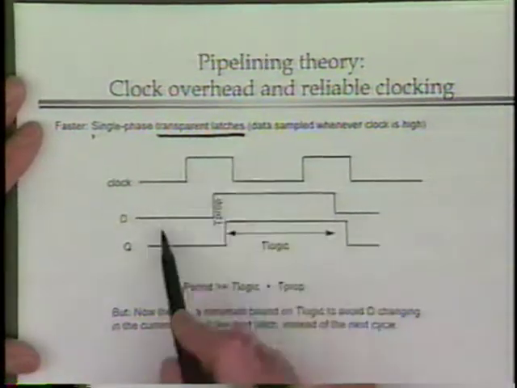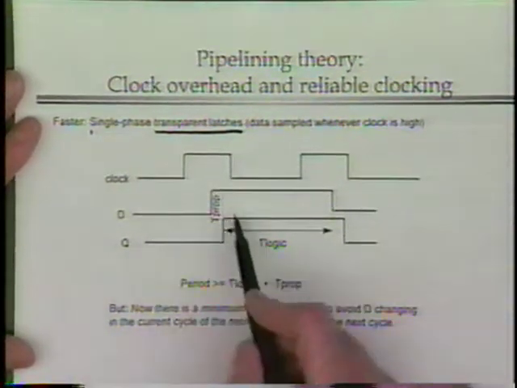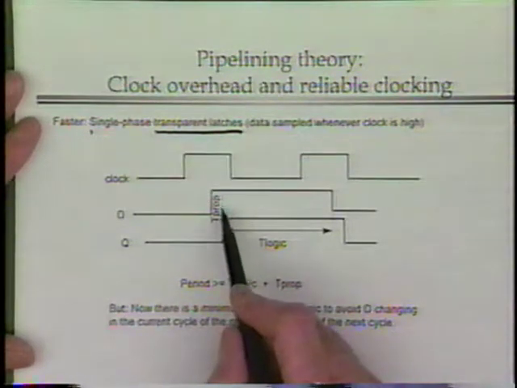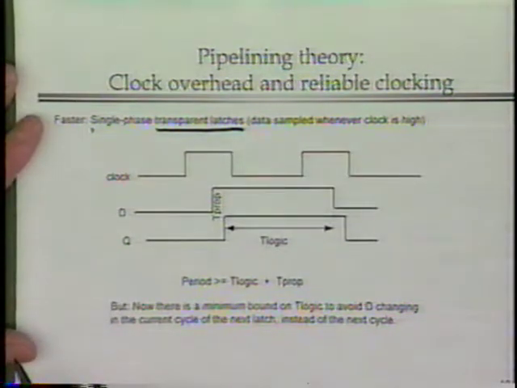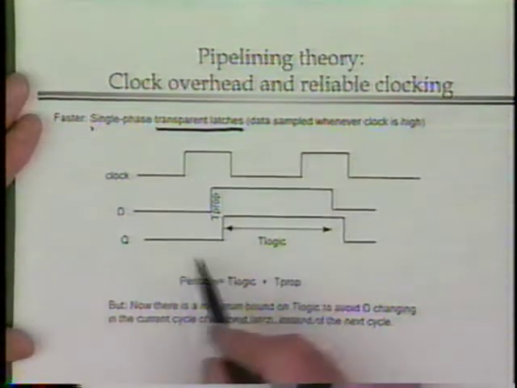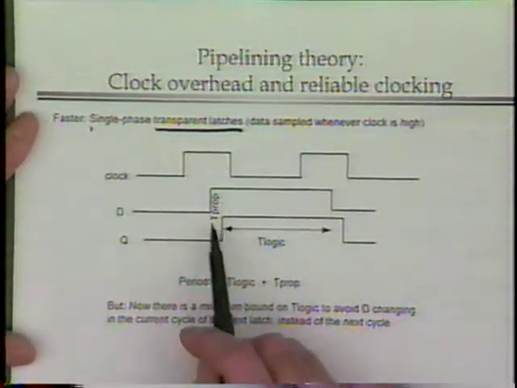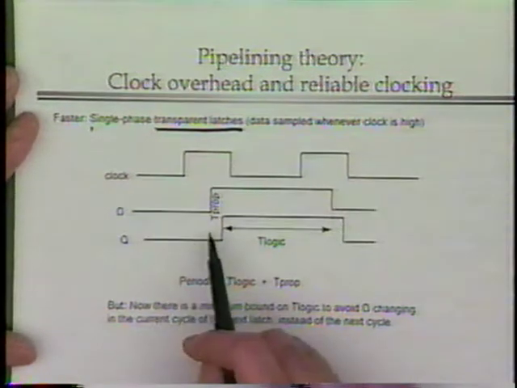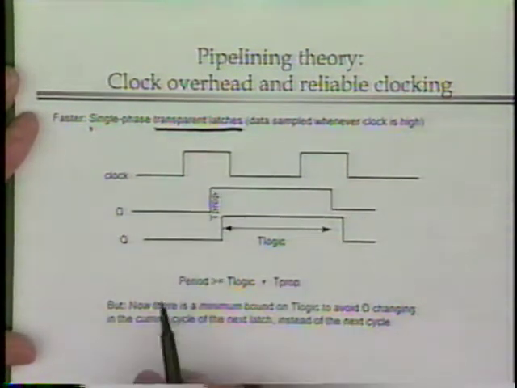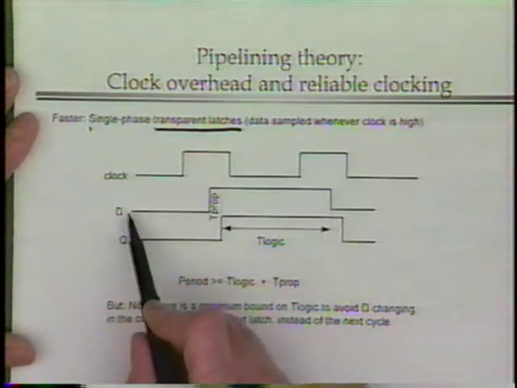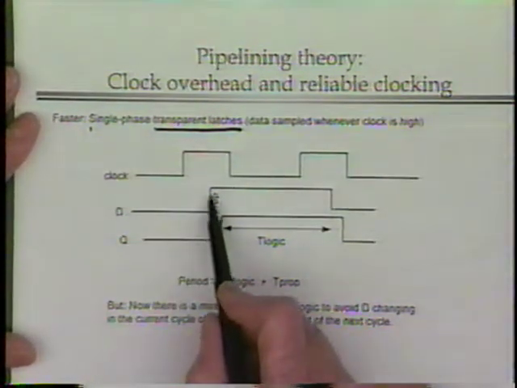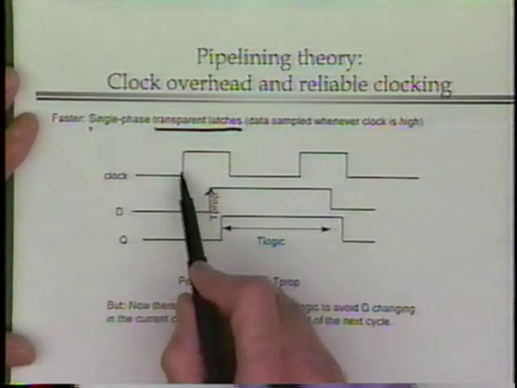Whenever the clock is high, changes on the input to the latch will eventually, after a propagation delay, be reflected on the output of that latch. So in fact now we can somewhat decouple the clock edges from when the data is needed and the output appears. And if we manage to do that, let's say that the data from one stage arrives at the flip-flop while the clock is already high.